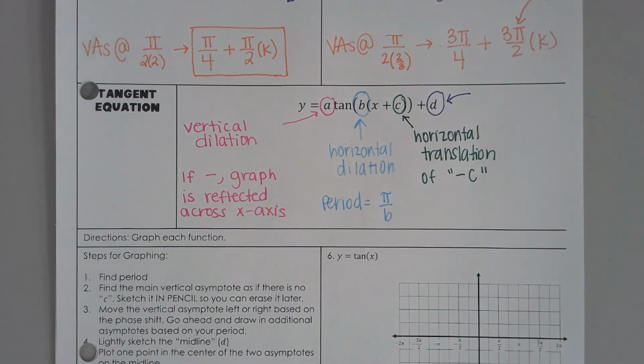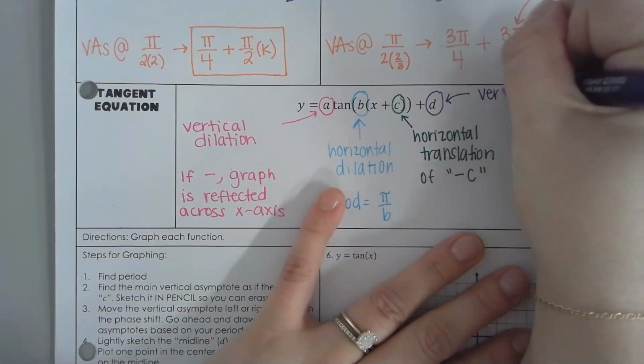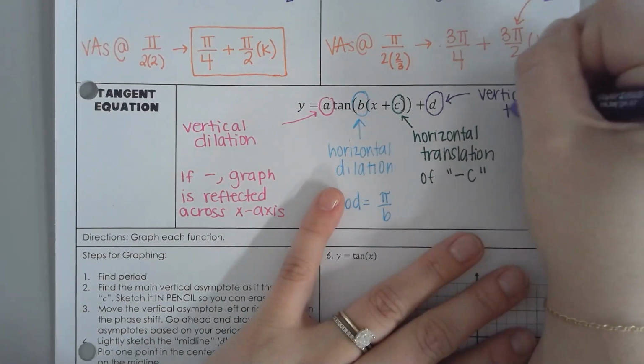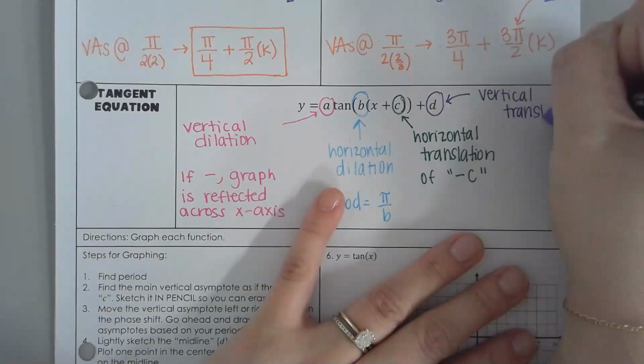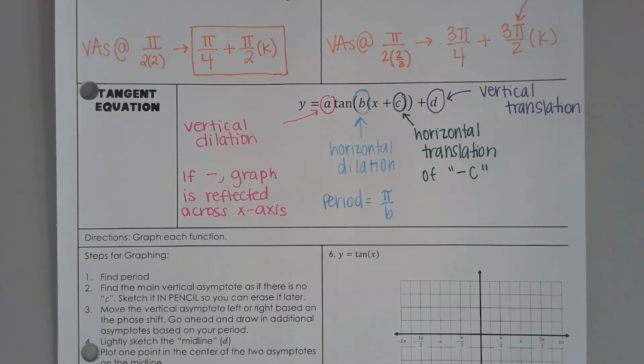I might refer to it kind of as that, but you'll see with tangent, it's not really in the middle of anything because tangent goes up and down forever. So it is a vertical translation.